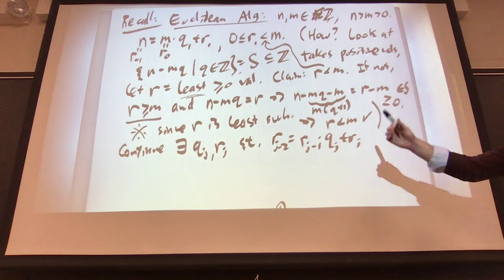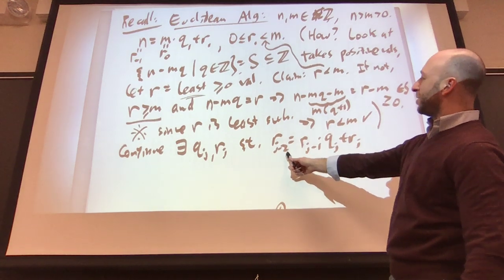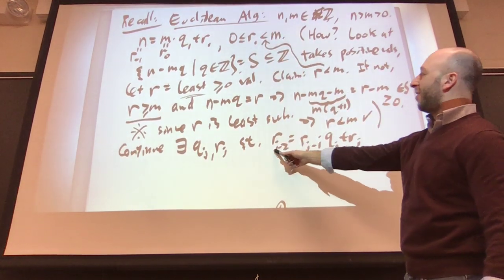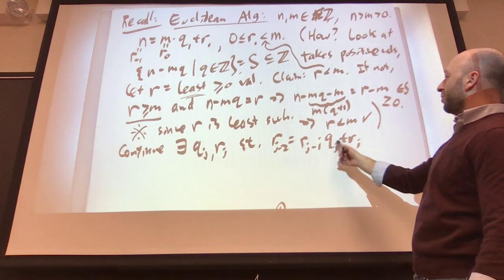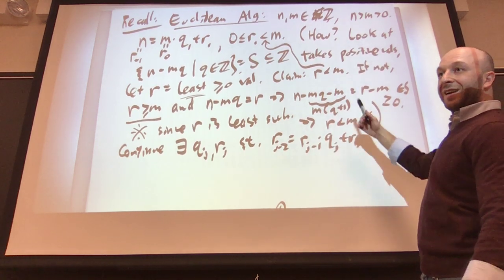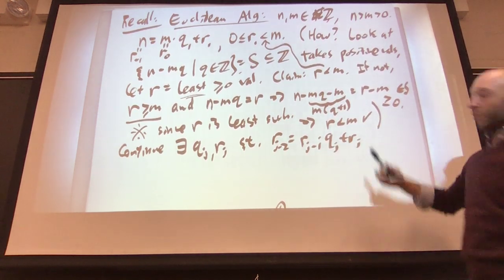So we keep doing the division algorithm. The first instance was with j equals 1. r_{-1} is equal to r_0 q_1 plus r_1.